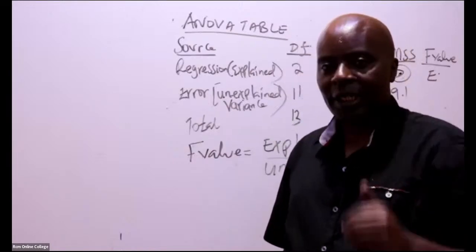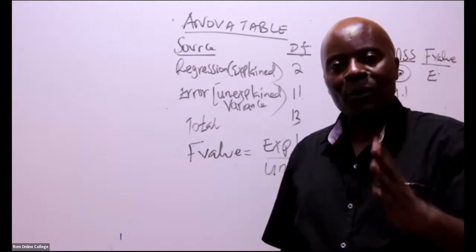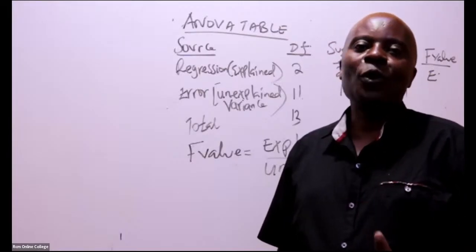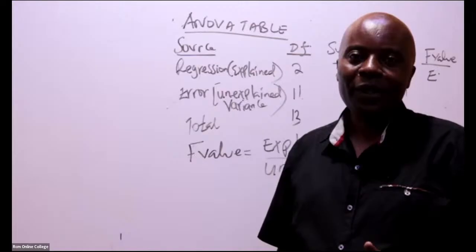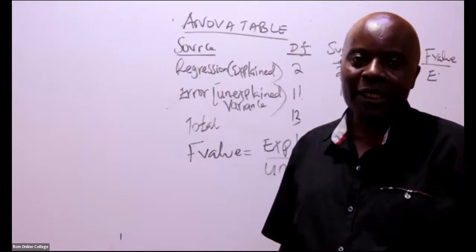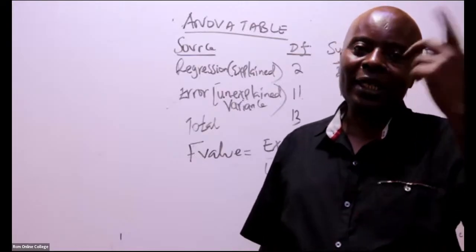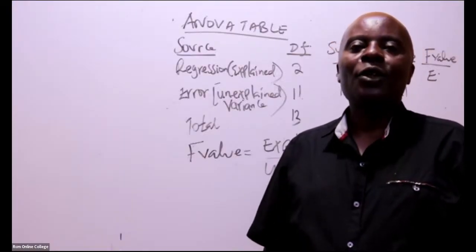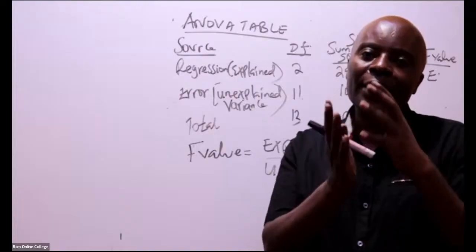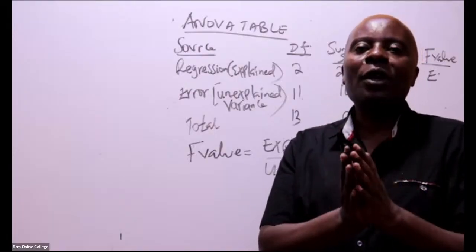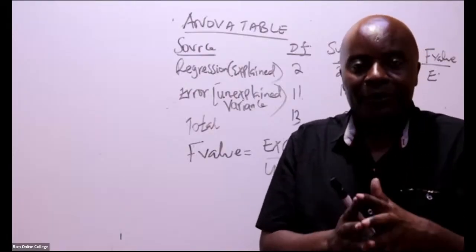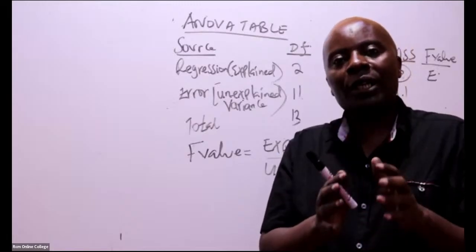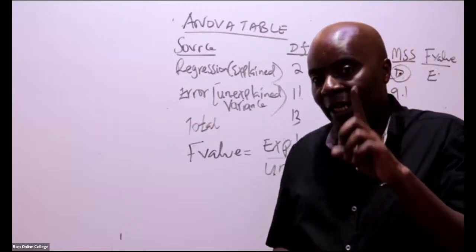Then when results come, things are upside down. So there will be variation that is unexplained, and there is variation that regression will be able to explain.